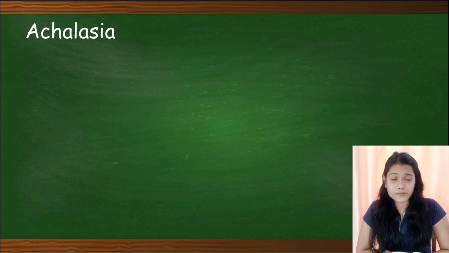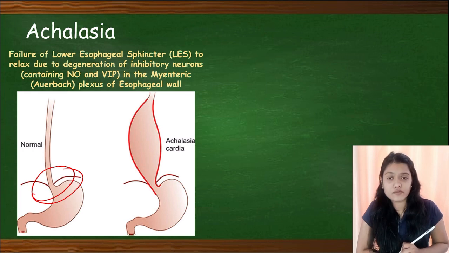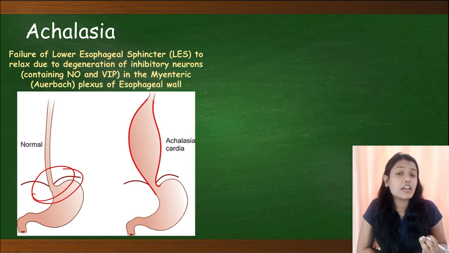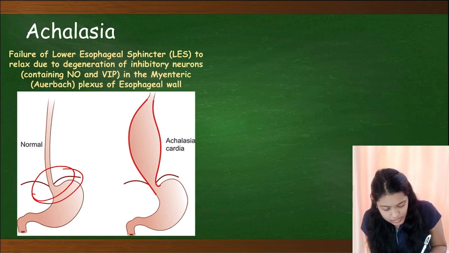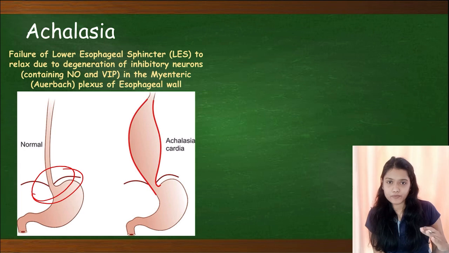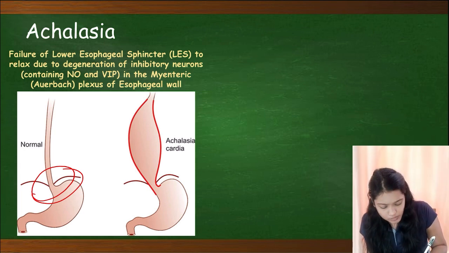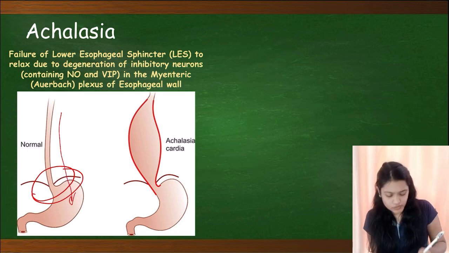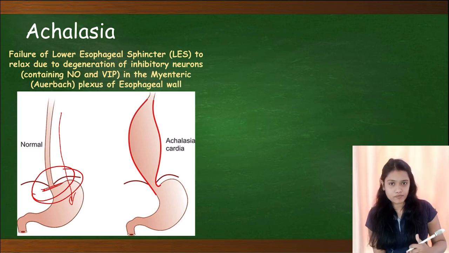Now, achalasia. Achalasia means when the lower esophageal sphincter is not able to relax. So for that, let's understand the normal physiology. Whenever we eat food, it goes to the stomach via the esophagus. The lower esophageal sphincter opens, lets the food pass into the stomach and then closes.